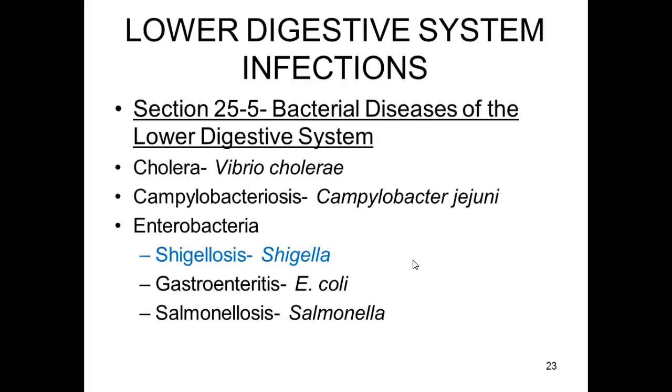Shigellosis is caused by several different species of Shigella. When someone says someone has gastroenteritis, they're usually referring to an E. coli infection of the intestines. And salmonellosis is, of course, not a dinosaur, but is caused by several species of the genus Salmonella.